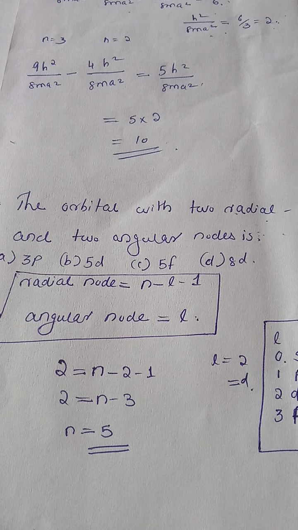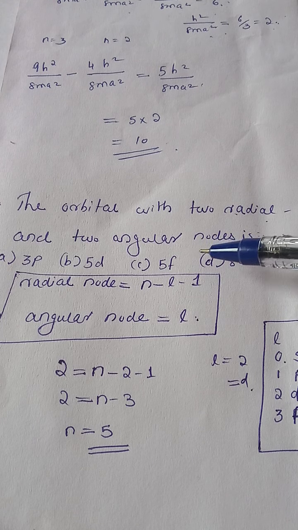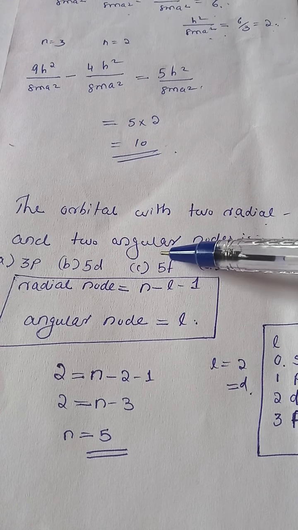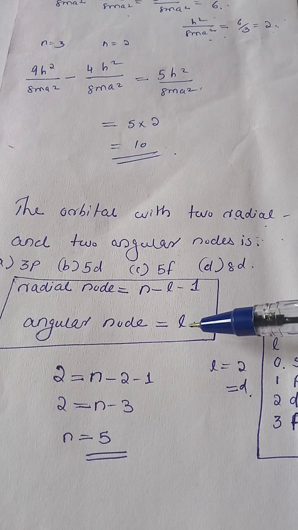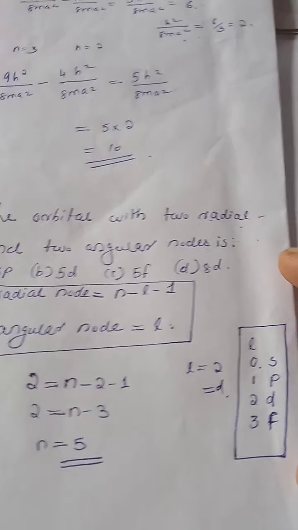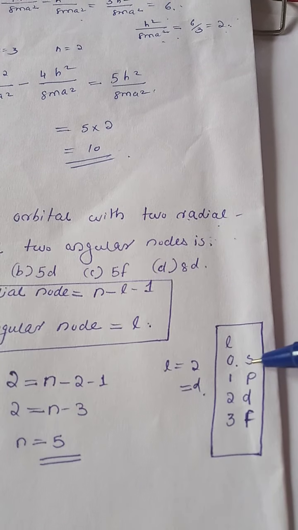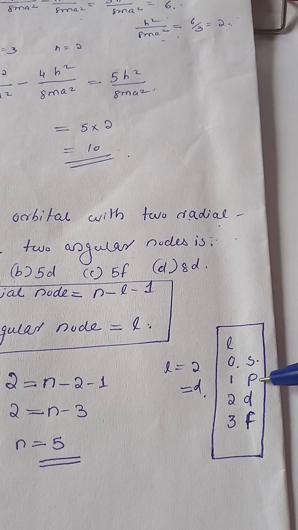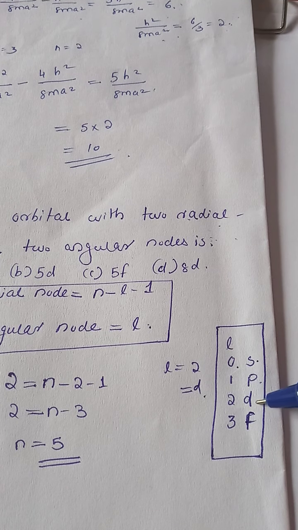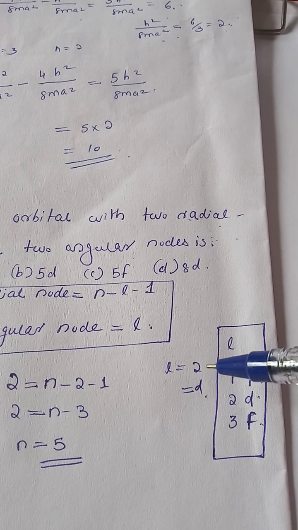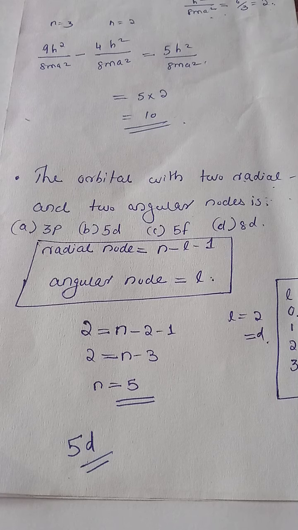In this question it is given that there are 2 angular nodes. So directly from here l is equal to 2, and we know that when l is equal to 0 we have an s subshell, l equal to 1 means p, l equal to 2 means d, 3 means f. So here we have a d subshell.